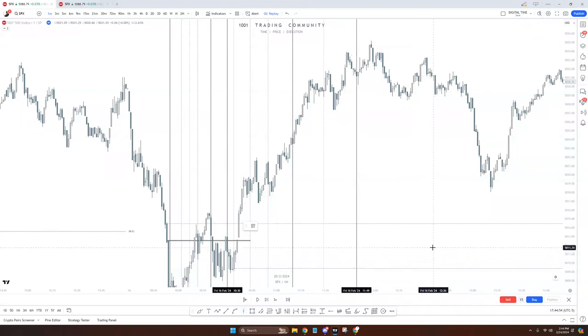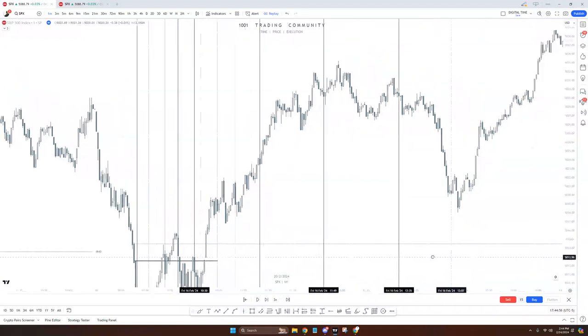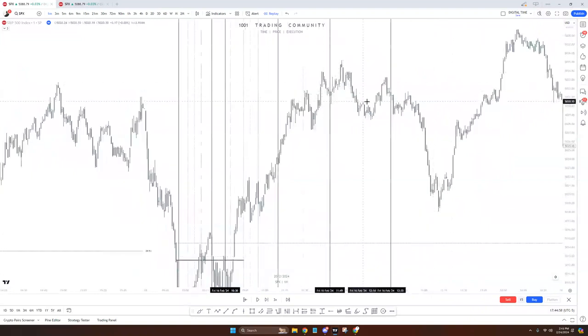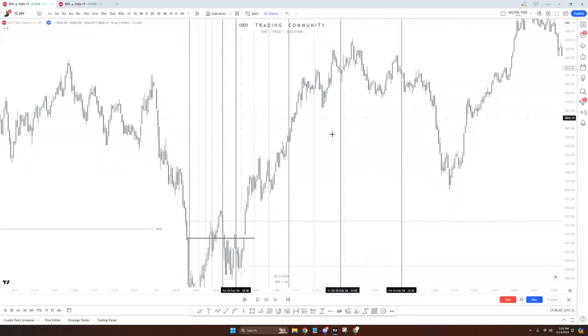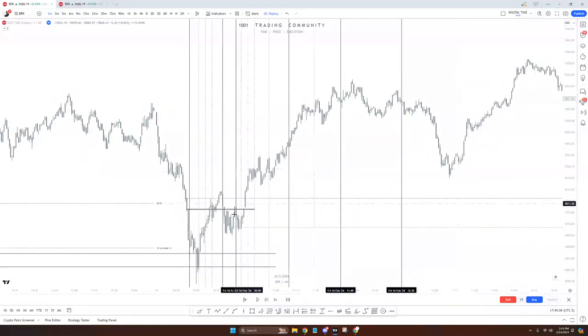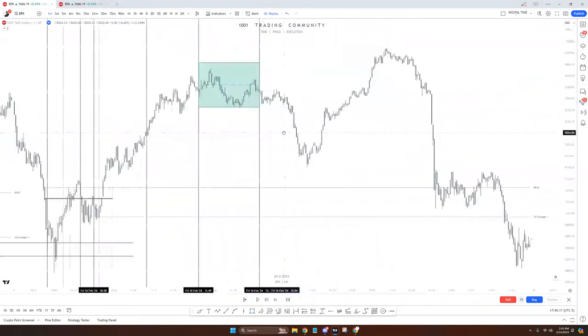Look what happens here. Now, time distortion, chop, volatility injected again. So, because we saw this expansion here, once 11:49 hit, we can then expect time distortion until 12:35. Why?